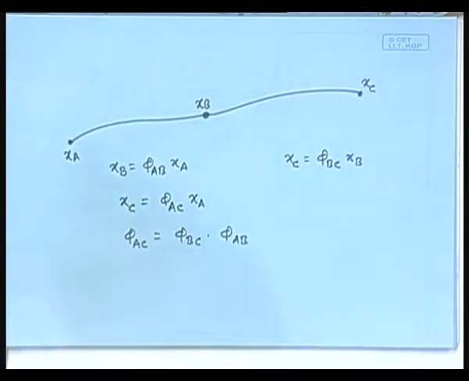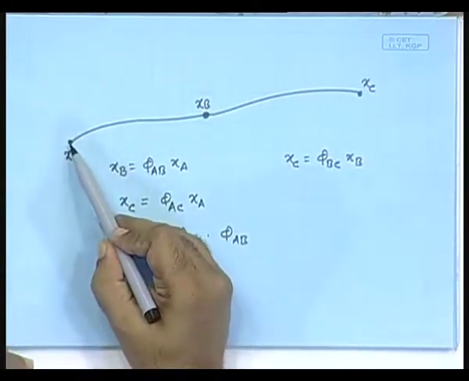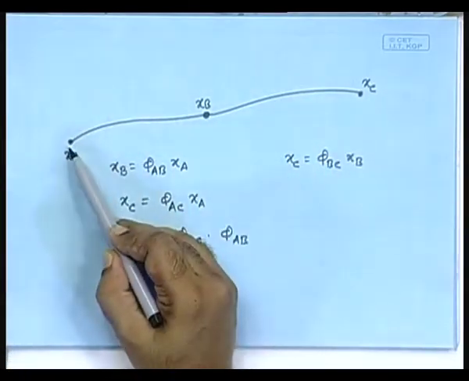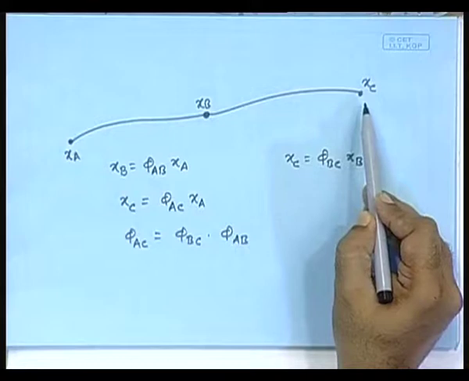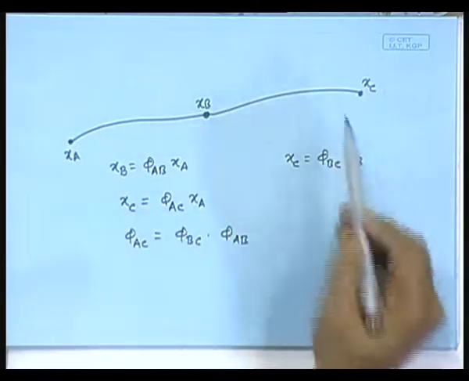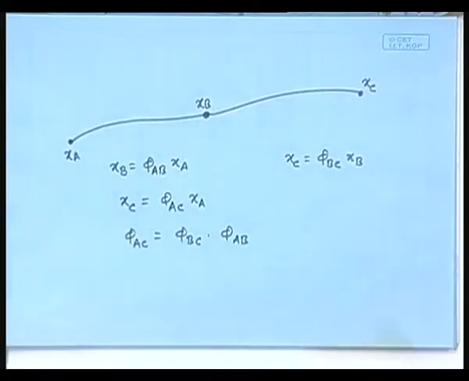You have the flight from x a to x b to x c. If you want the state transition matrix from A to C, it is just a multiplication of the state transition matrices from A to B and B to C. So far so good. This is the general theory that you learn in standard control theory texts.